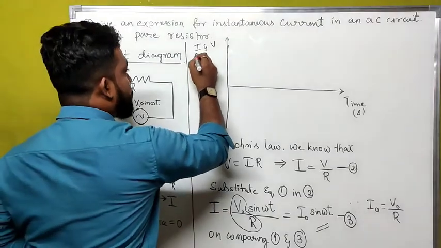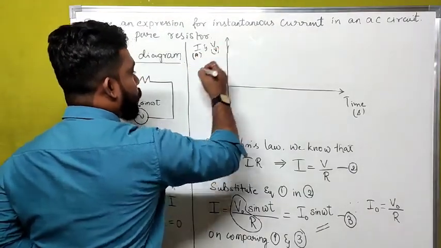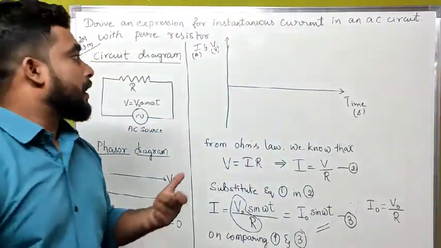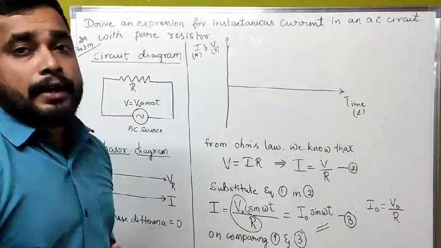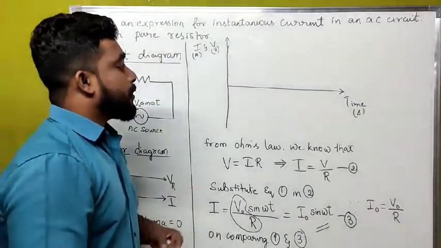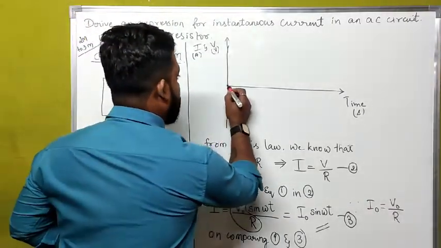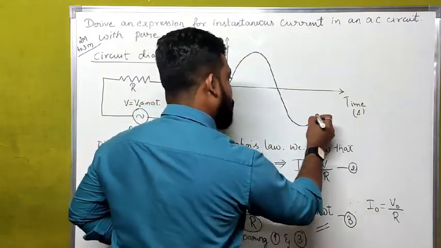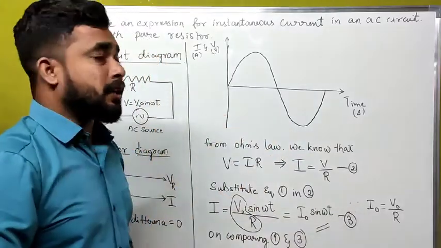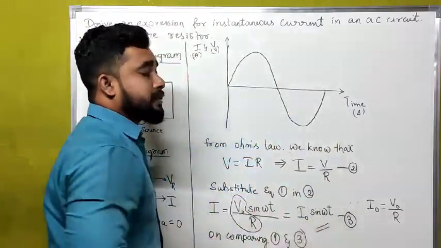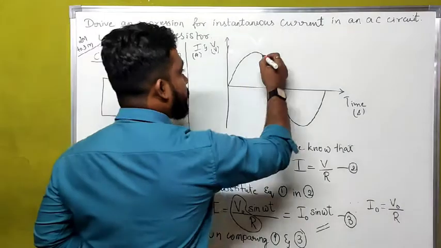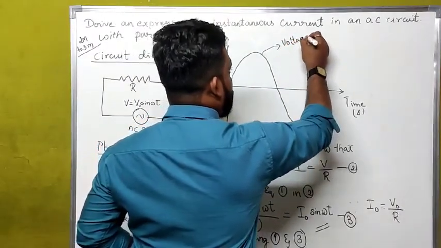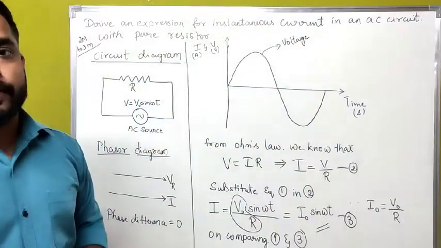Current in terms of ampere, voltage in terms of volts. In this particular graph, I am assuming this waveform as the voltage waveform. This is our voltage waveform.